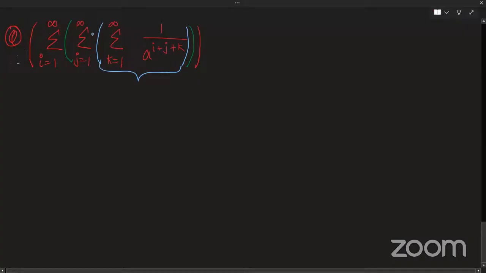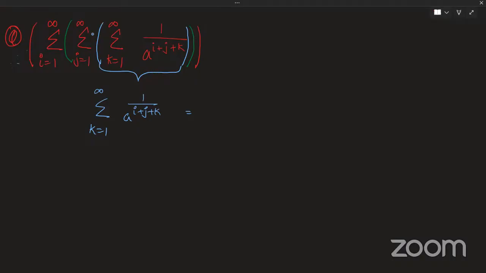So it is sigma of k going from 1 to infinity, 1 by a raised to i plus j plus k, right? Like you are telling me the final answer? No, sir, the final summation. Okay. Can you help me find the series?